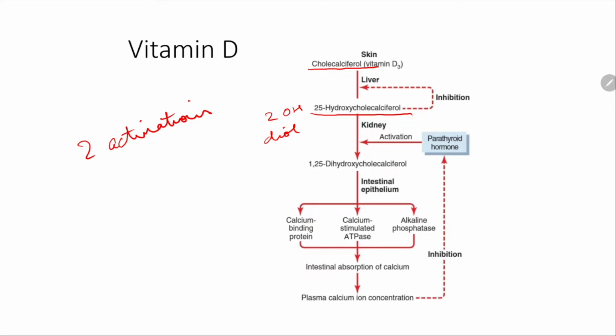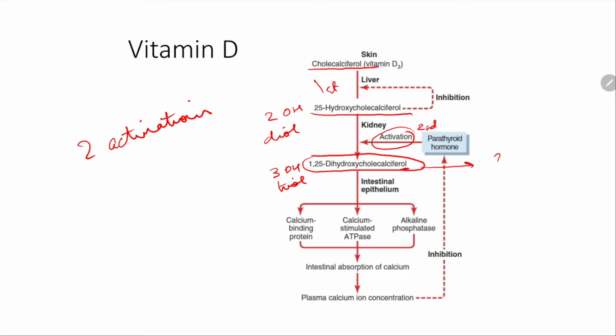The second activation happens in the kidneys, where it becomes 1,25-dihydroxycholecalciferol. Remember, it's dihydroxy, but it already has an OH group, so here it has 3 OH groups, or it is a triol. Therefore, this is the active form of vitamin D.